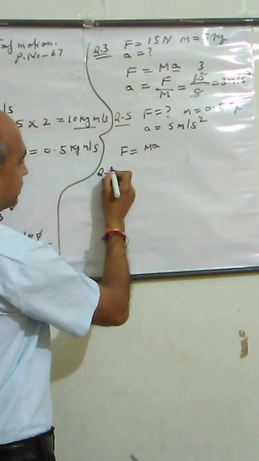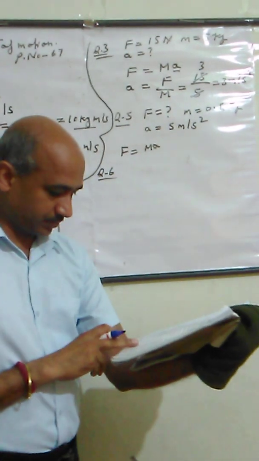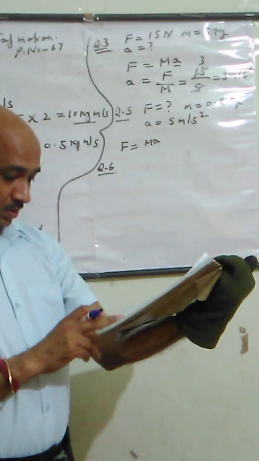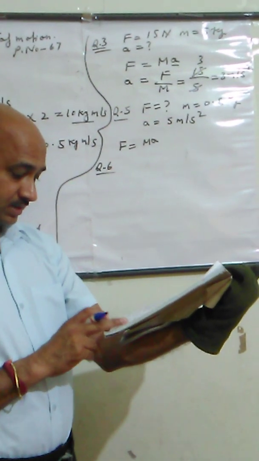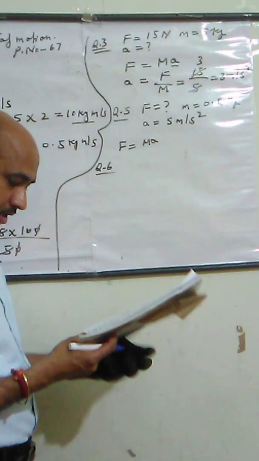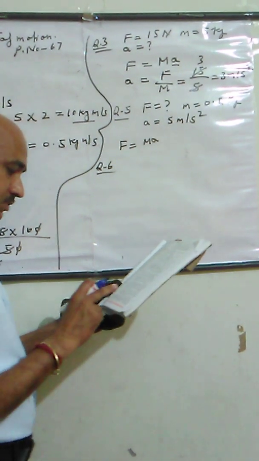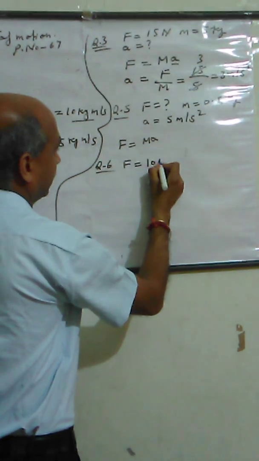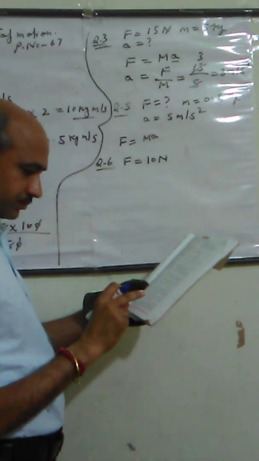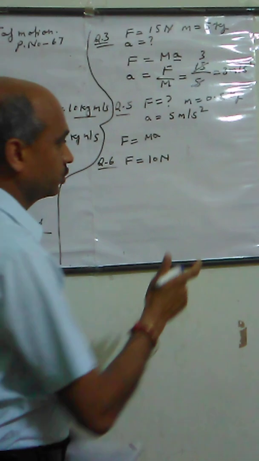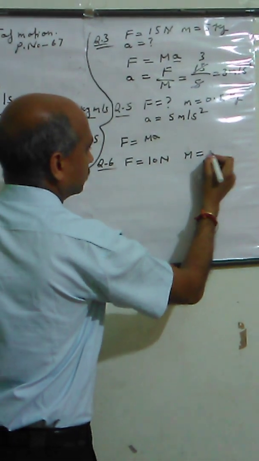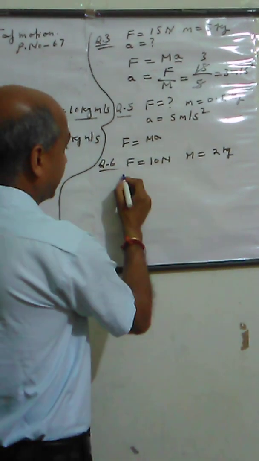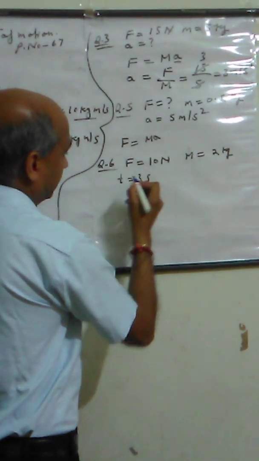Coming to question number 6. A force of 10 Newton acts on a body of mass 2 kg for 3 seconds, initially at rest. Now this is a nice question. Force equals 10 Newton, mass equals 2 kg, and the force is acting for 3 seconds.